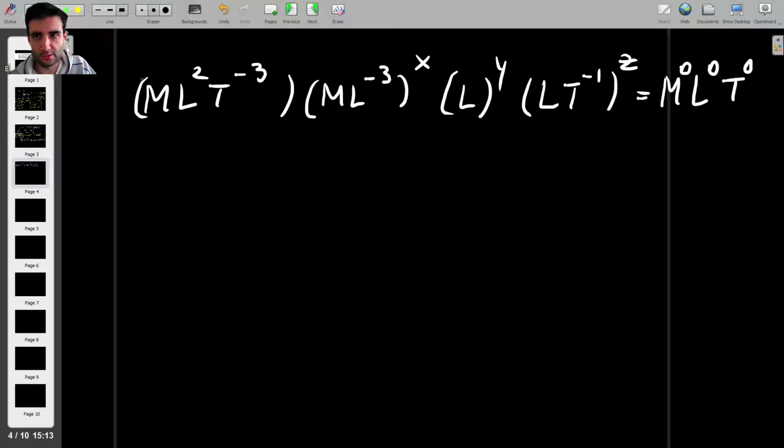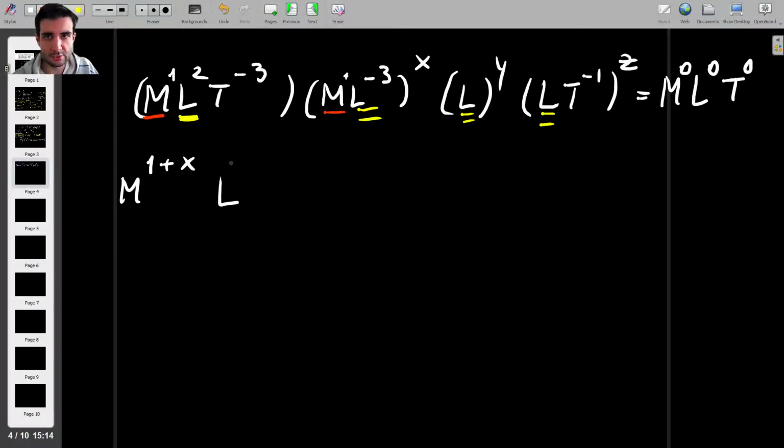So let's group all the terms. We have an M here, we have an M here. So the M is going to be M to the power 1 plus x, because this is to the power 1, and this is to the power 1 times x, which is x. Now let's look at L. There's an L appearing everywhere, right?